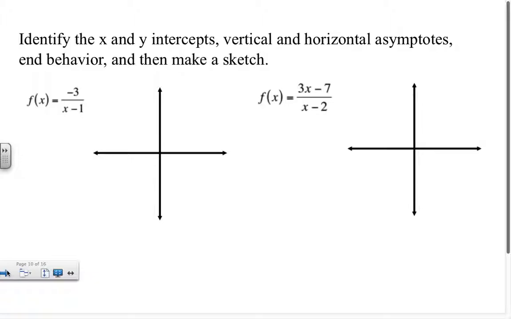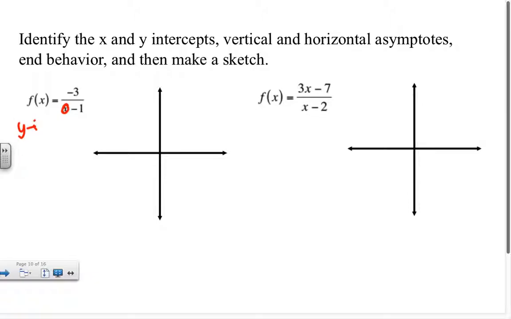So we are going to identify the x and y intercepts, vertical and horizontal asymptotes, end behavior, and then make a sketch. On this one, we could do it the way we did last time, because it's in graphing form, but we'll do it by x and y intercepts. So the y-intercept in this case, if I plug in 0, is negative 3 over negative 1, which is positive 3.